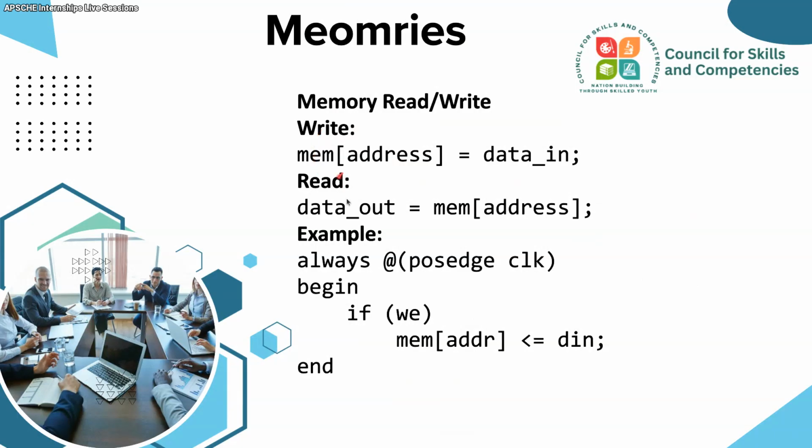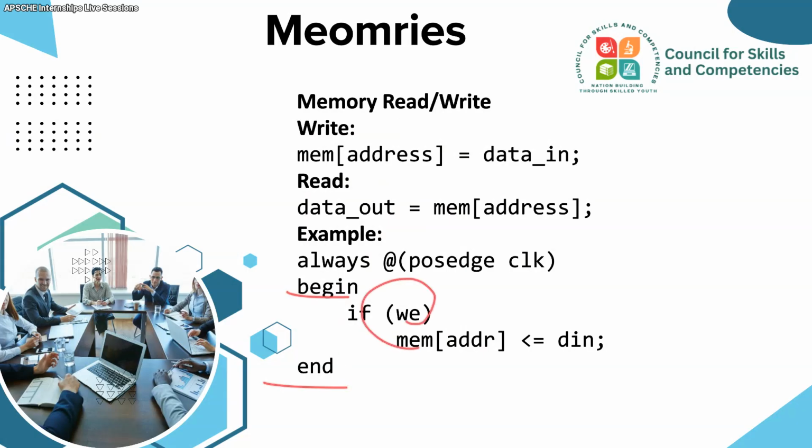Okay, so if you want to write something in the memory, you can write the data, like 8-bit data, and you have to give the memory address. Then you have to write what the data is, and you can go and write it. Since we are using reg, always, and since it's sequential, we are using posedge clock and begin and end.